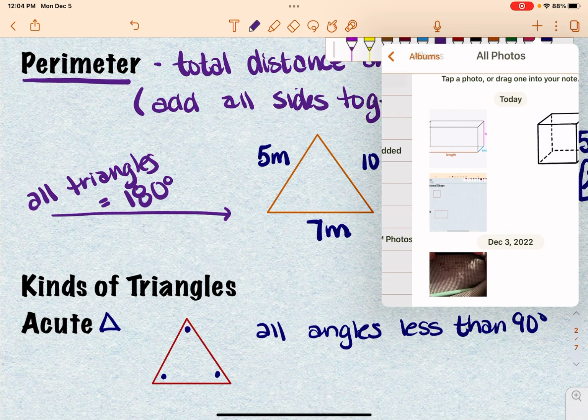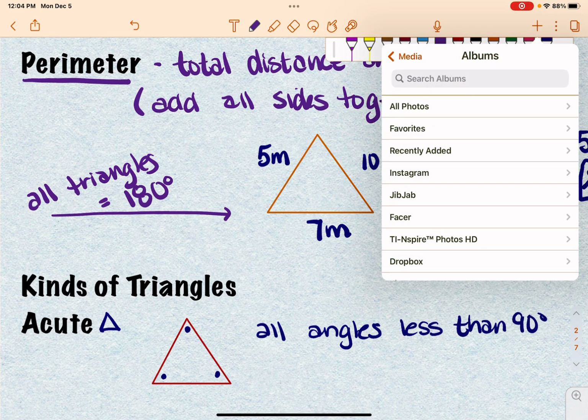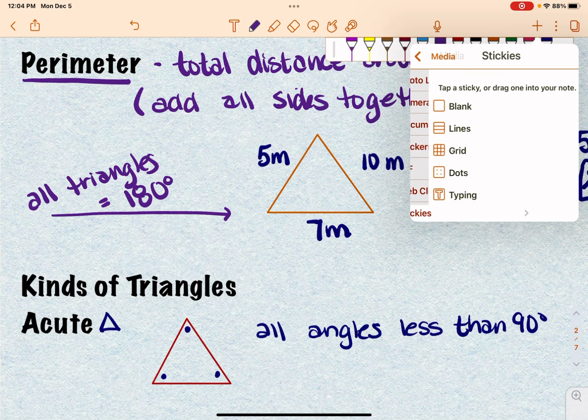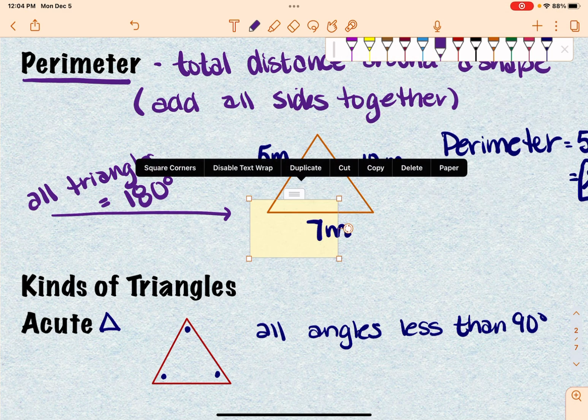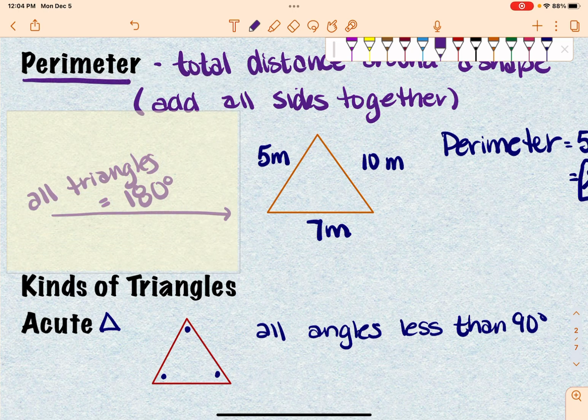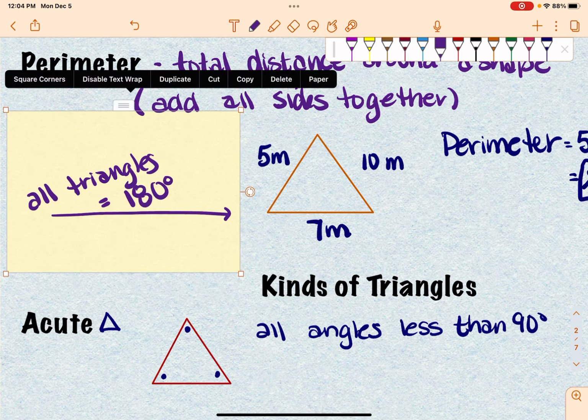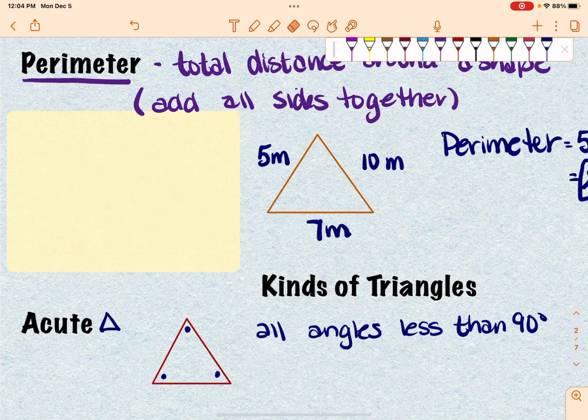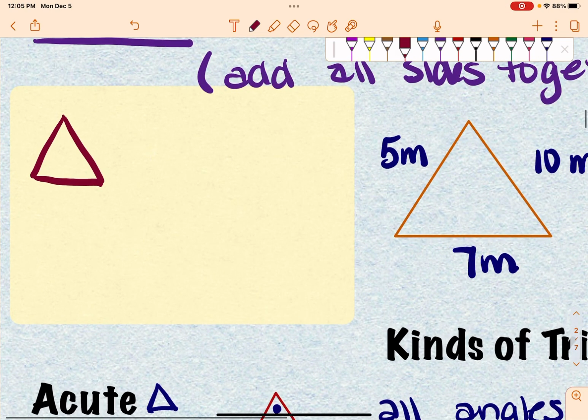So let me add a post-it note just so you can kind of see this a little bit and see how it works. Let me just add a blank one here. I'm going to erase this just so I have a little bit of spot to show you this. So if I have a triangle, I should be able to tell what the measurements are. I usually get at least one or two angles. So let's say this was 50 and this was 80, and I don't know what this is.